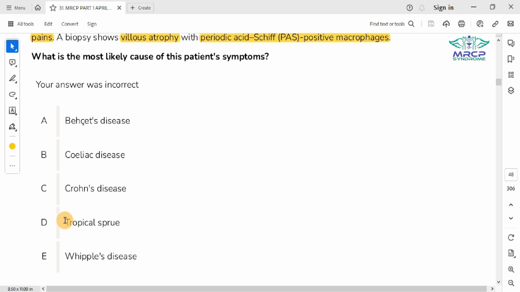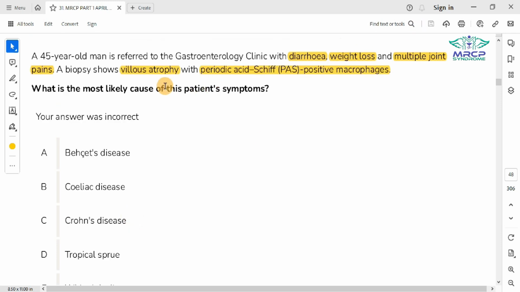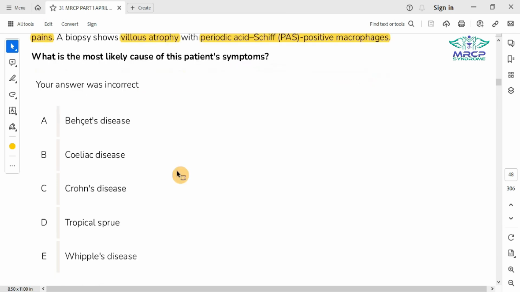And tropical sprue, patient with tropical sprue, they will come up with the features of chronic diarrhea plus weight loss. So they will exclusively only have the GIT manifestation. There won't be any multisystemic involvement. But in case of Whipple's disease, there would be multisystemic involvement and PAS positive macrophage. This is the pathognomonic feature.